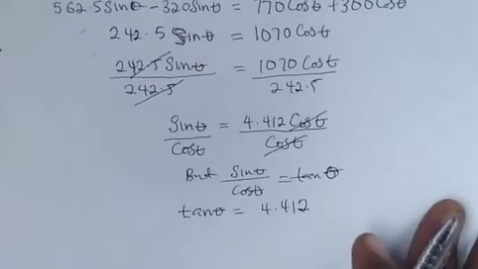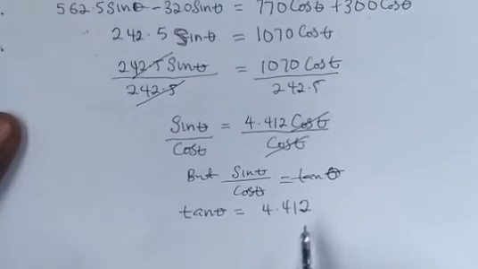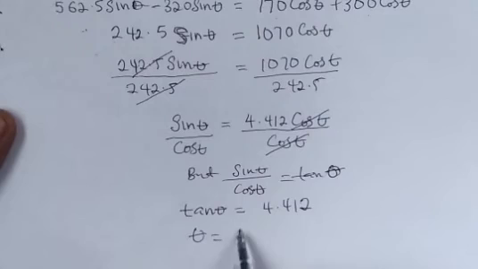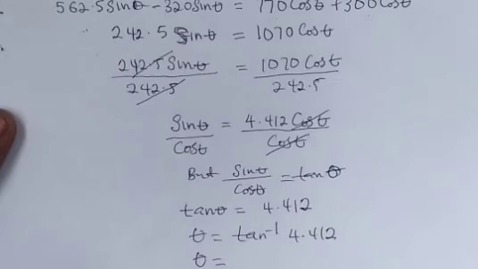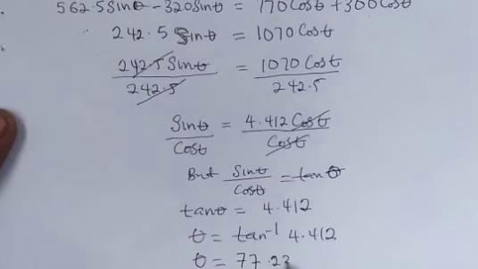If I take the tan to the other side, theta will be tan inverse of 4.412, which gives 77.23 degrees.